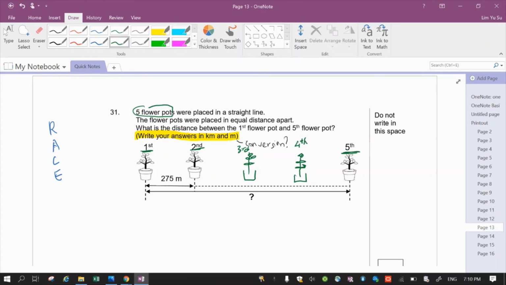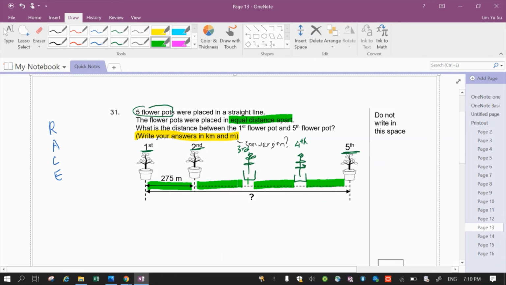You have the first, second, third, fourth, fifth here, like people lining up in a queue. The flower pots are placed equal distance apart, meaning the space between them is the same. So they are equally spaced apart.